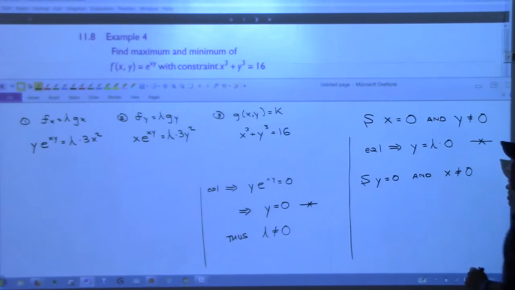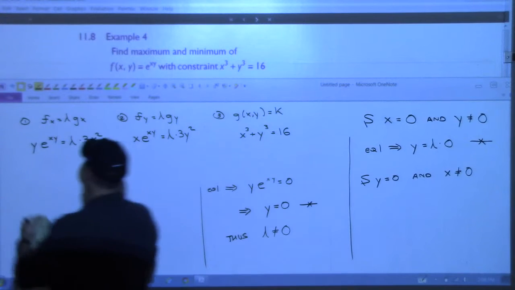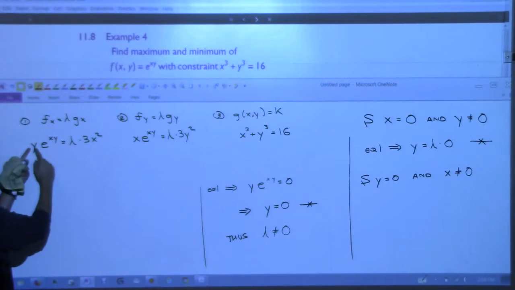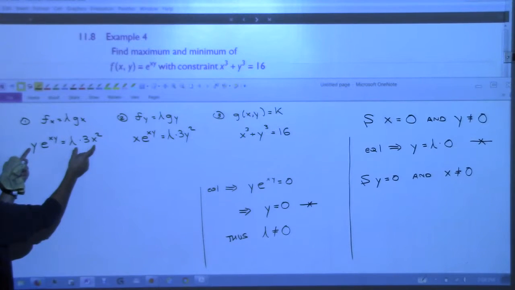You get the same contradiction in which equation? Equation 2, not the first equation, right? In the first equation, we'd be okay, because we'd have 0 here, we'd have 0 here, and lambda could be 0, right?